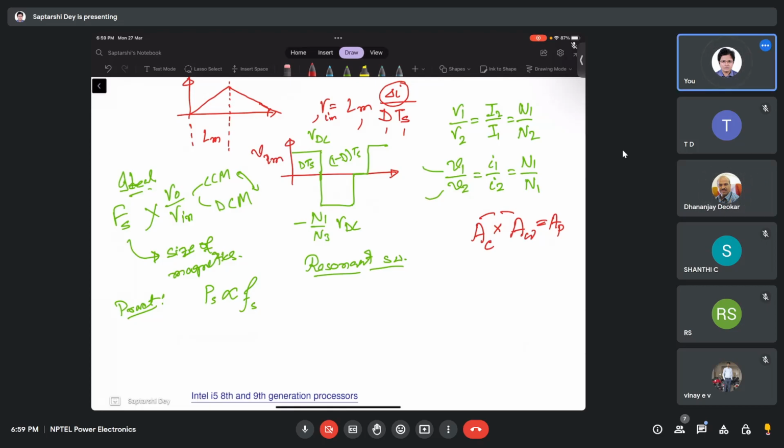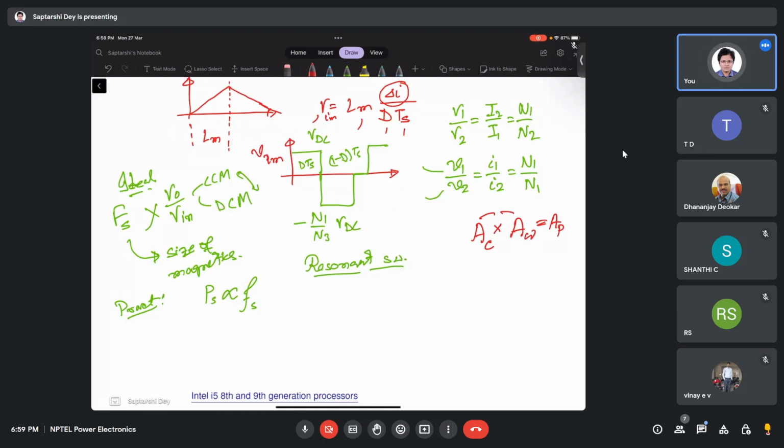The first thing when we are designing a converter is that we have to take care of all these things. If the load is a variable load, it is never an infinite variation; always the variation is given to the designer, that the load will maximum vary between these two points.